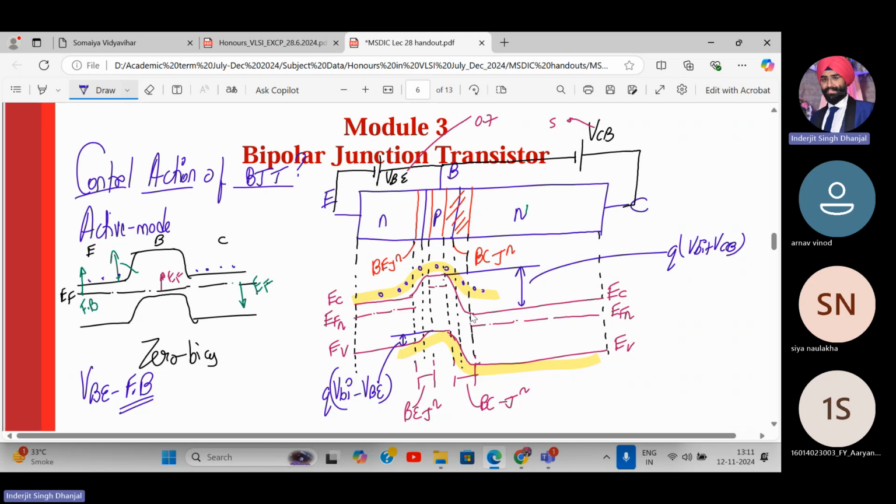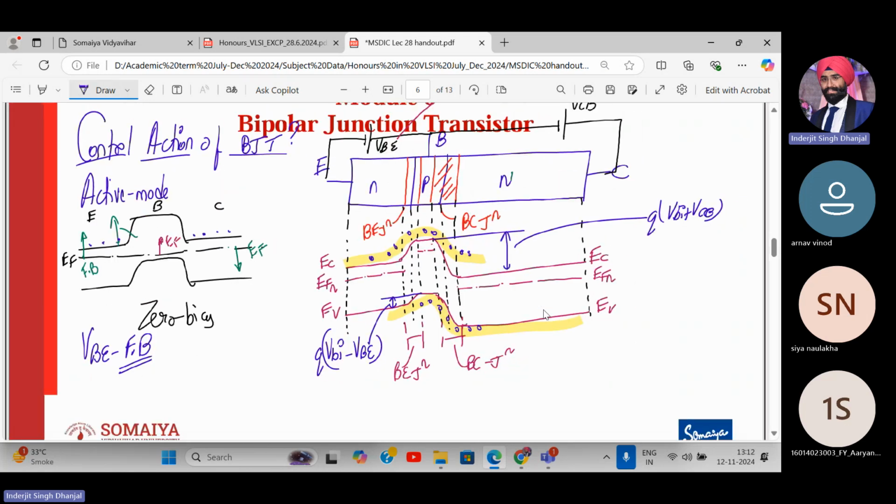This is actually what happens. Similarly, holes will topple from the collector side into the emitter side, because hole and electron directions are different. These are electrons available for conduction. If you apply the voltages, they start moving to the other side, to the collector. More and more electrons get collected at the collector terminal. Understood this? So this is my energy band diagram in forward active mode.